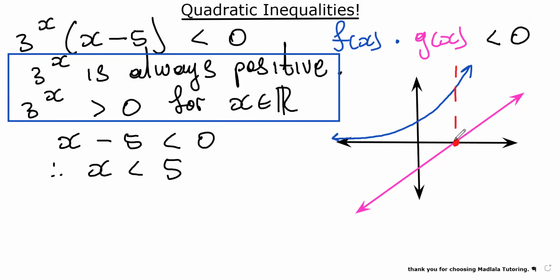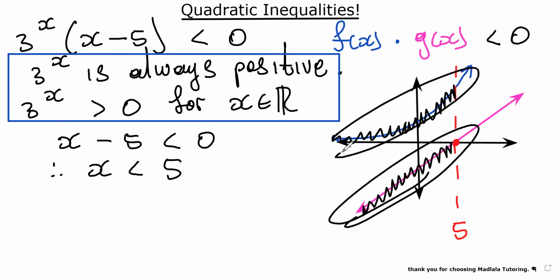Because if you go to the x-intercept here, which is at +5, for all the values of x that are less than 5, the straight line is negative. But then the exponential function will always be positive.